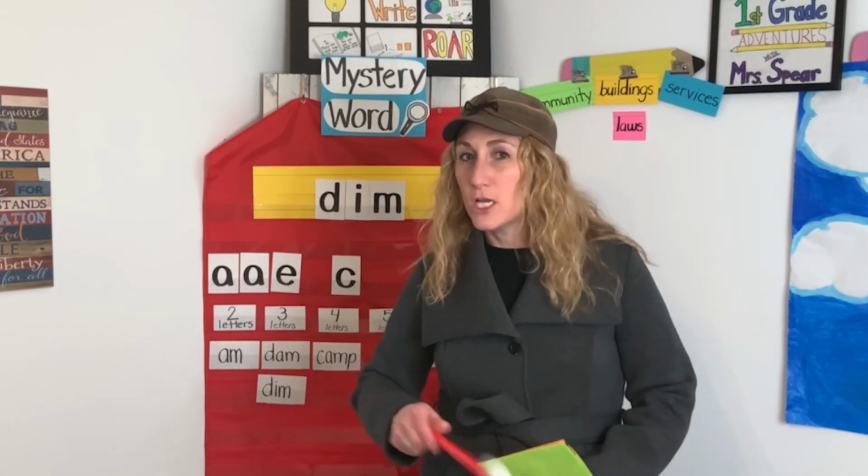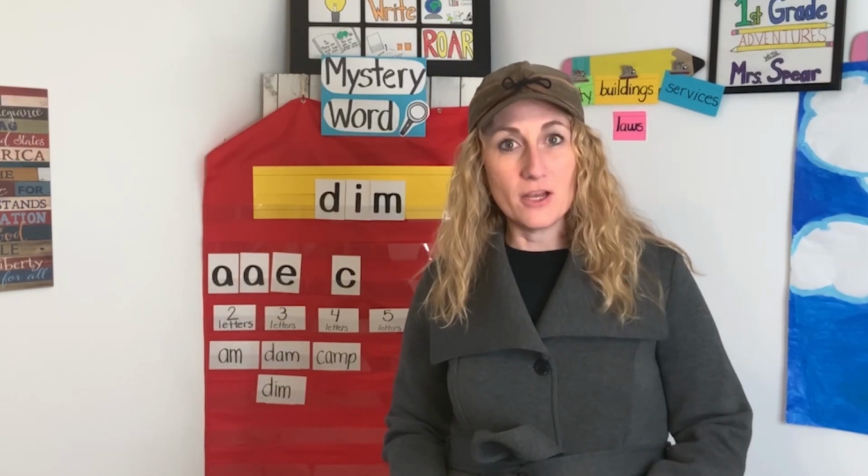I'd like to change it up though, and I'd like to make the word dime with you. Can you say dime? Well done. A dime is worth 10 cents. Okay, let's say those sounds in the word dime. D-I-M, dime. There are 3 sounds in dime.